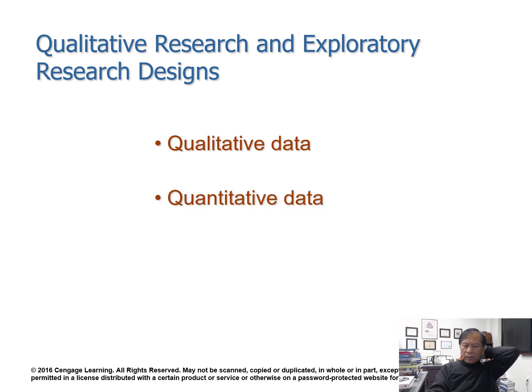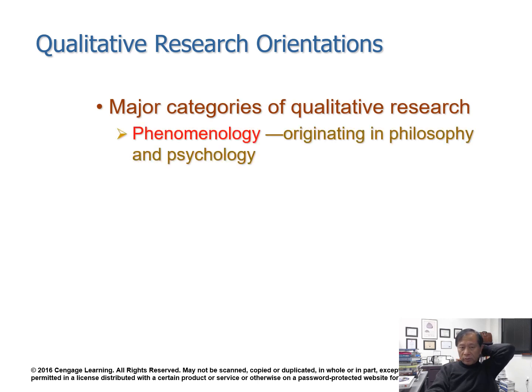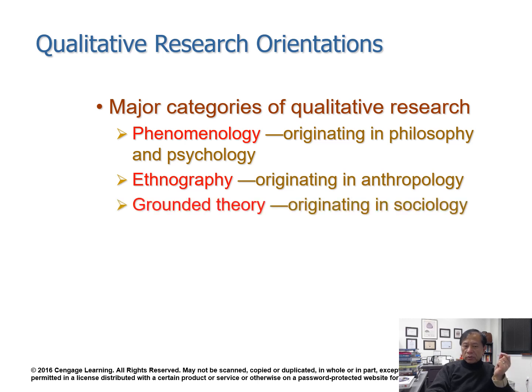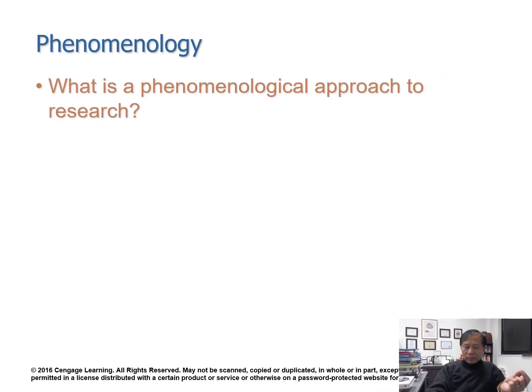And qualitative data versus quantitative data. Okay. Qualitative research orientations. There are different major categories of qualitative research. What is phenomenology? What's ethnography? Okay. What's grounded theory? What are case studies? That's right.